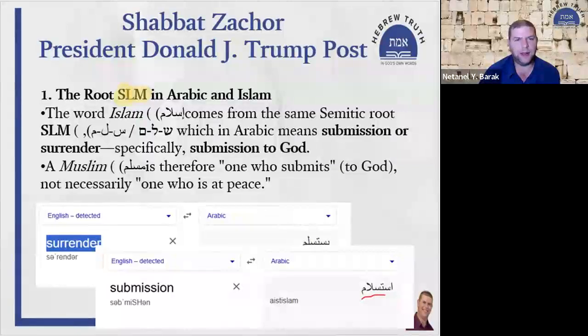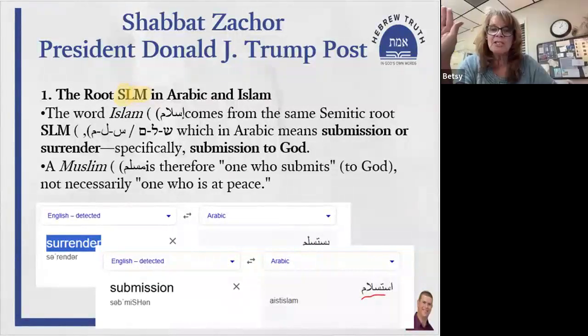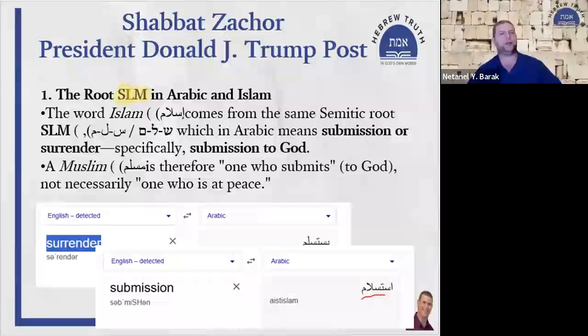What is khamsa? Khamsa is the 5 fingers of the palm of the hand. Does it remind you of any biblical Hebrew number? Right? We have Hamishi, the 5th, or Hamisha would be 5.